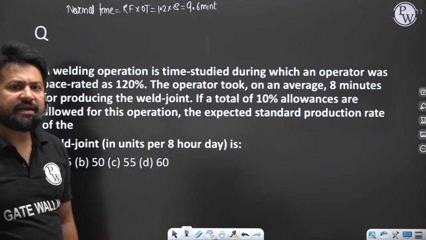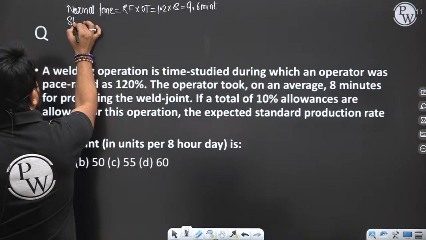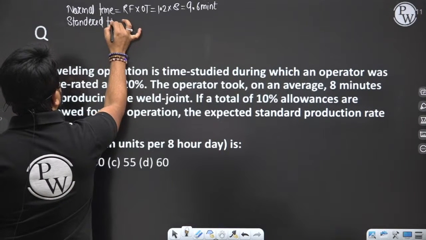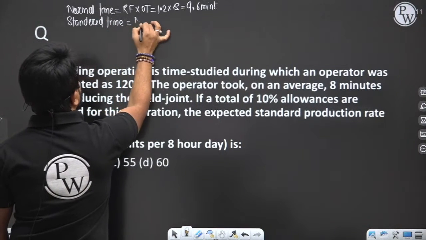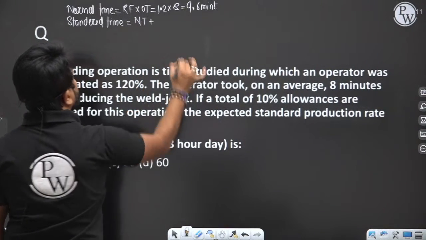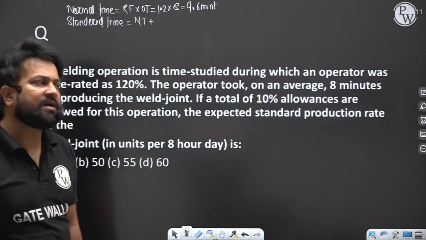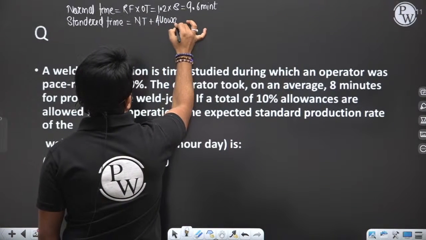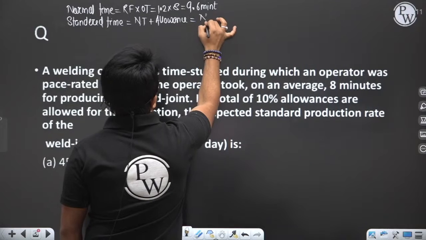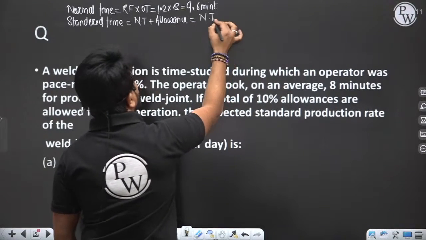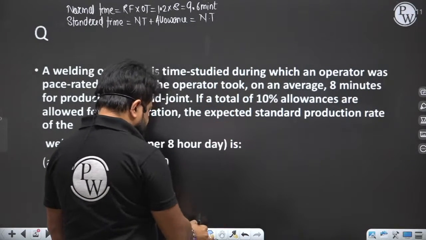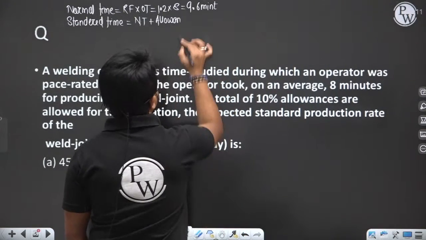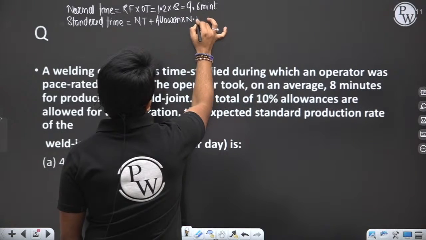Right. Now the standard time is equal to normal time plus allowance. If the allowance is given in terms of percentage, it is allowance times normal time.